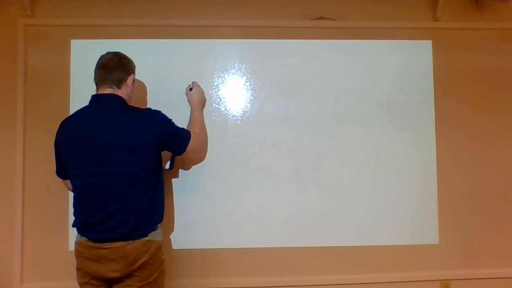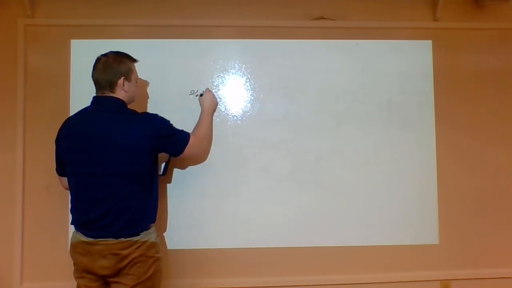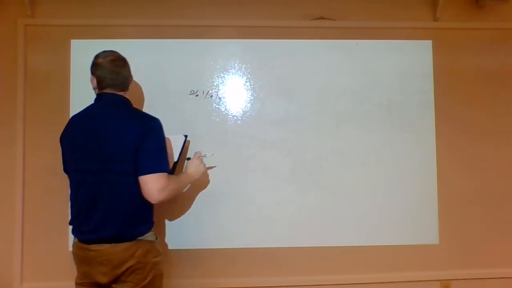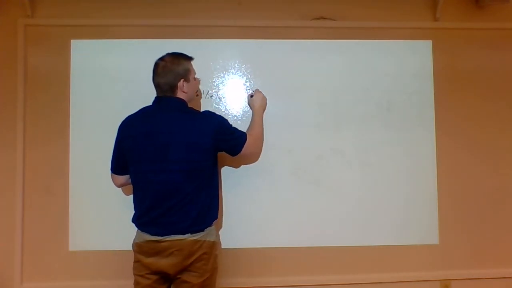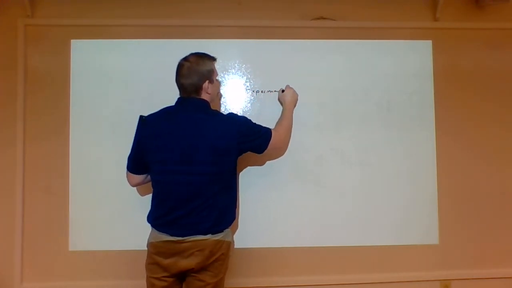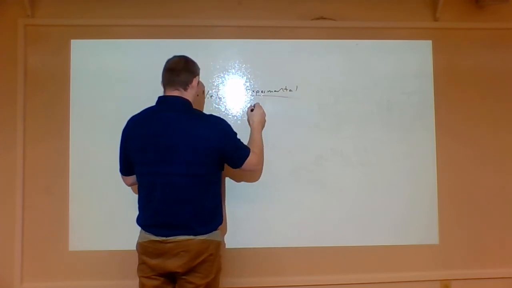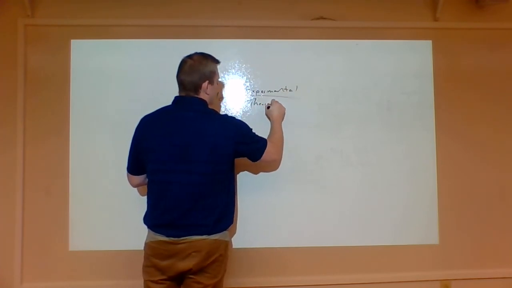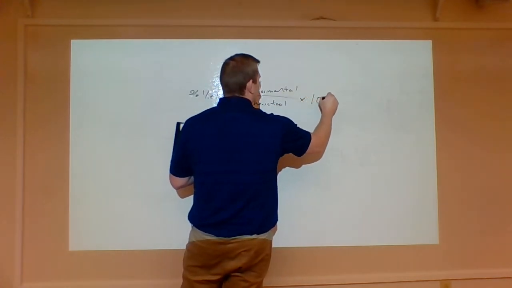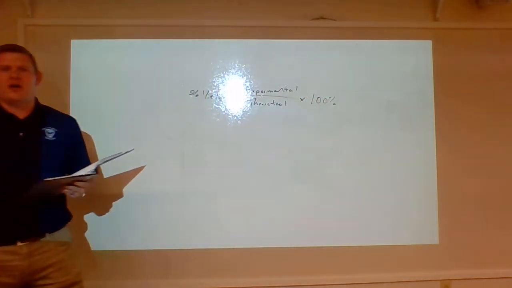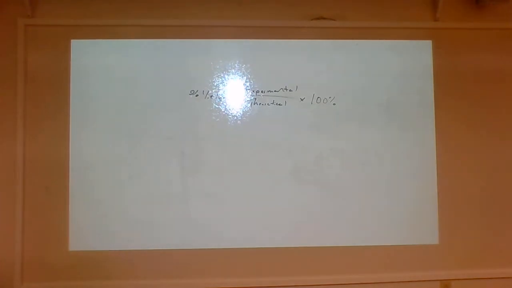So we know the equation for percent yield. Percent yield is equal to our experimental over our theoretical times 100%. Remember, our experimental yield is the amount that we actually measure.